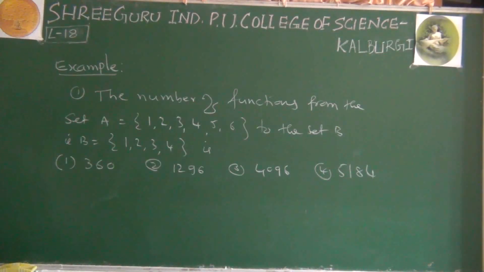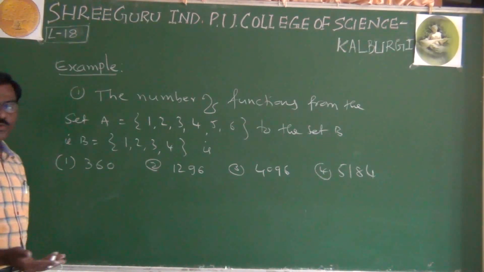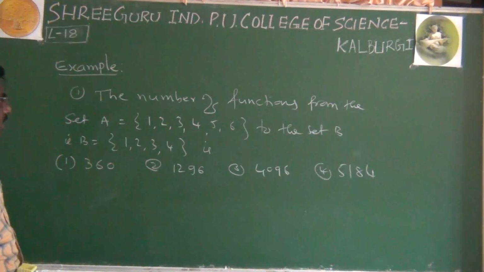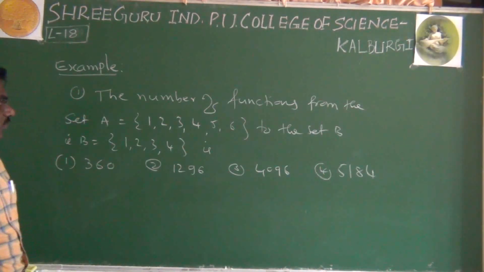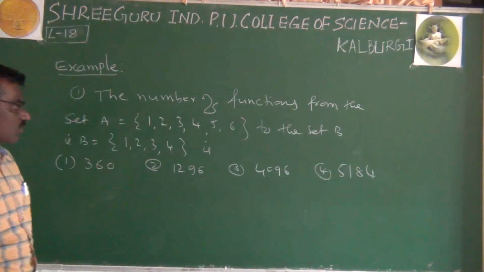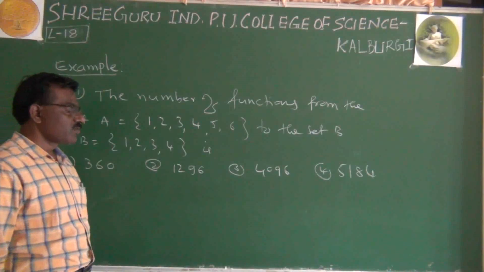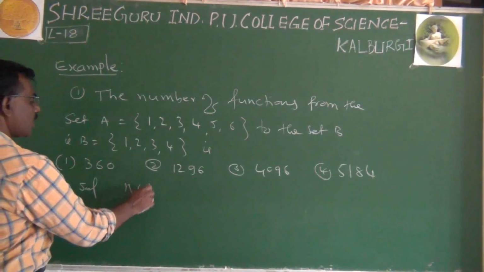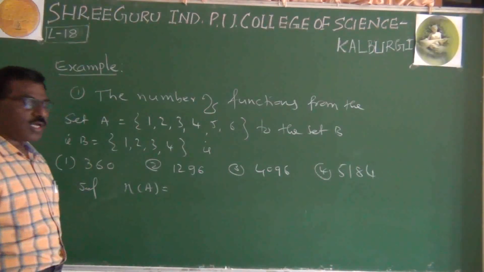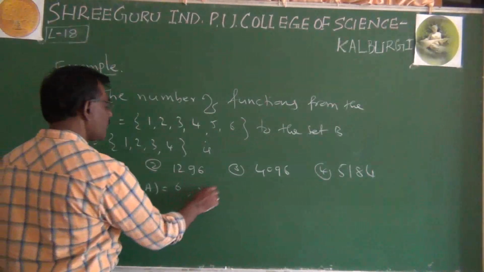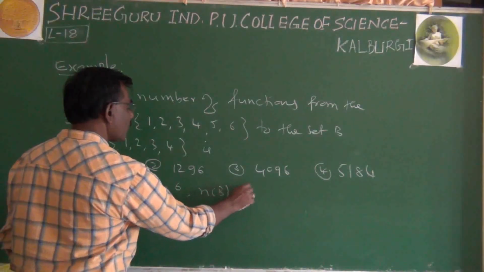Okay, the number of functions from set A to set B. A is {1, 2, 3, 4, 5, 6} and B is {1 to 4}. So how many elements does set A have? So n of A is equal to 6 and n of B is equal to 4.